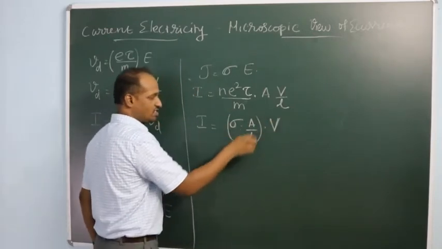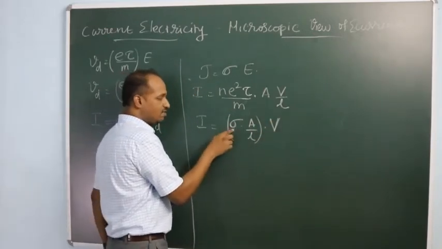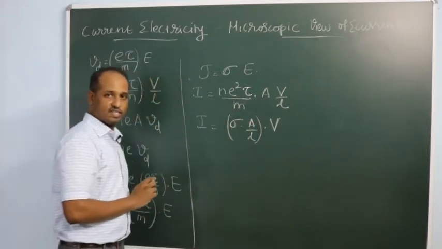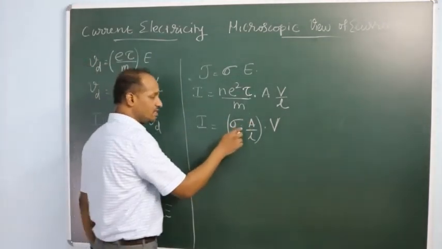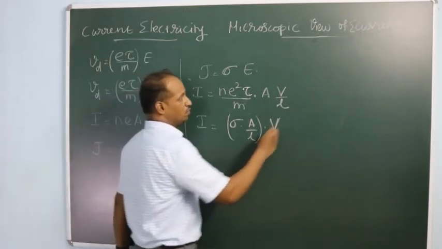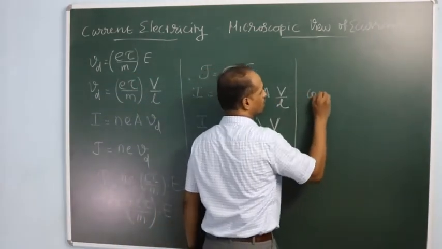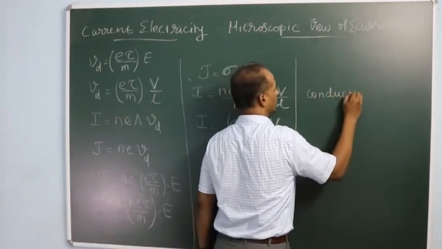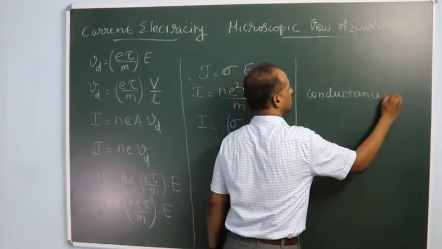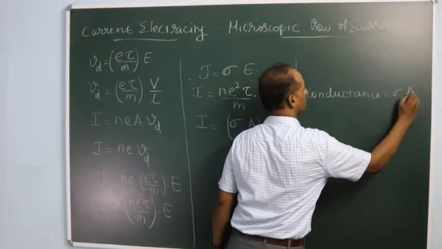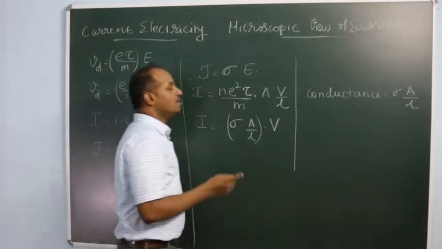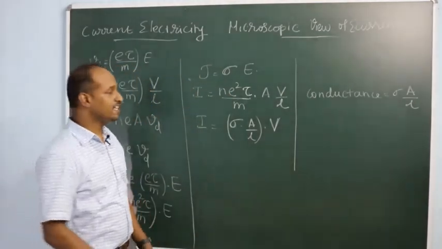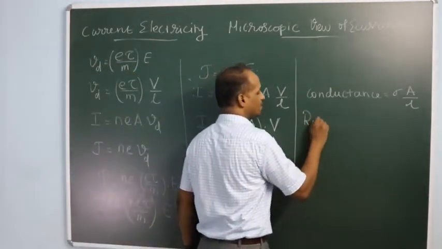The whole thing is a constant. Sigma into A by L is a constant, and this is called conductance. So conductance is conductivity into A by L. The reciprocal of the conductance is called resistance.